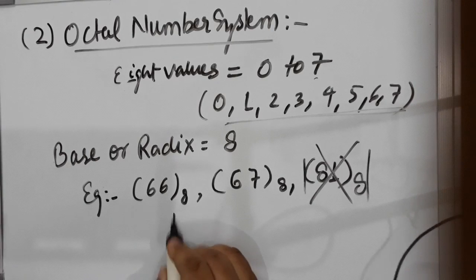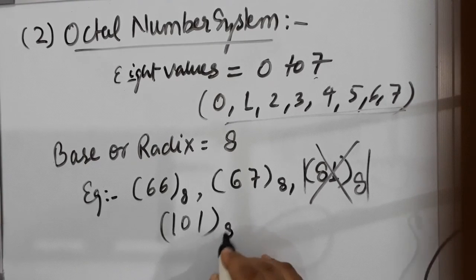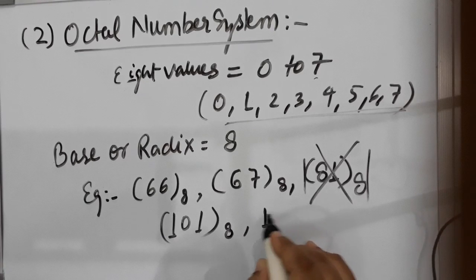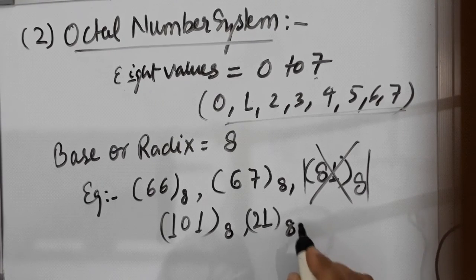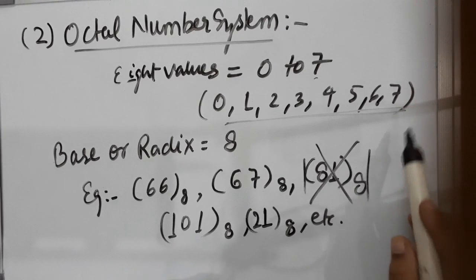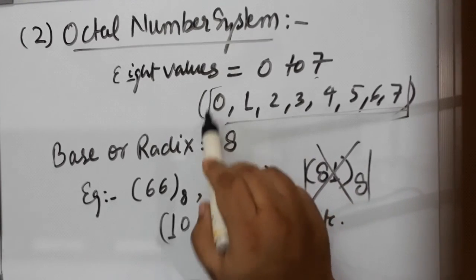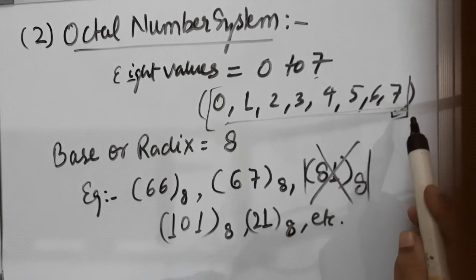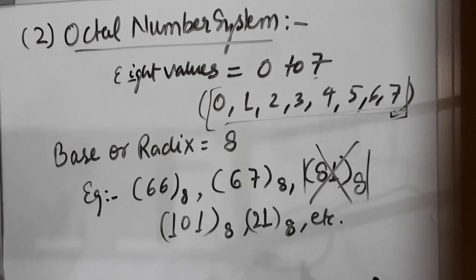Whatever you take, 101 can also be an octal, or 21 can also be an octal. You can take whatever value you like, but you cannot exceed this limit of 0 to 7. You cannot take 8 or 9 in any value considered as octal. So that is the octal number.